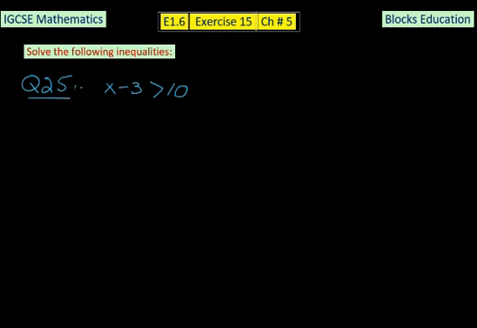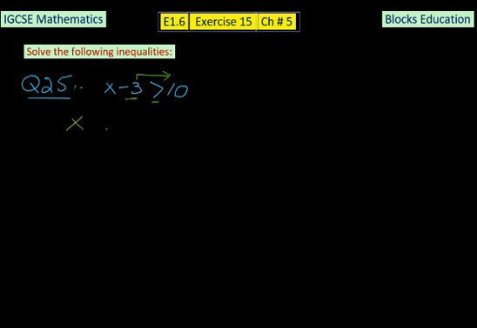Right, so in questions 25 to 40, we're asked to solve the following inequalities. In question 25, we are given the inequality x minus 3 greater than 10. We will deal with an inequality almost like the equal sign, but not exactly. To solve it, we have to write it in terms of x, so we move this minus 3 onto the right side.